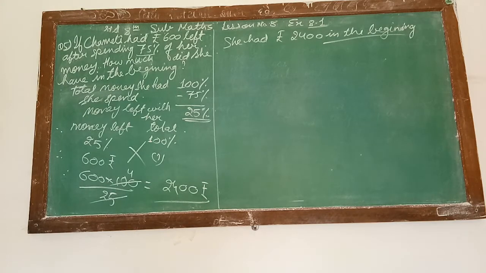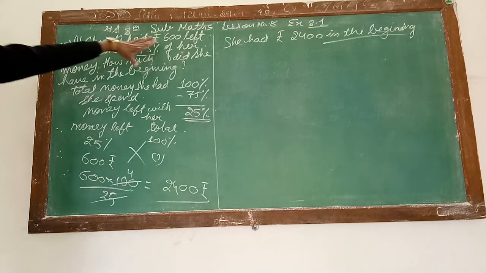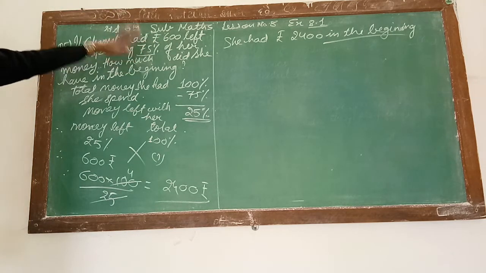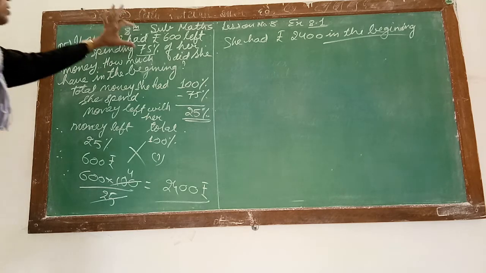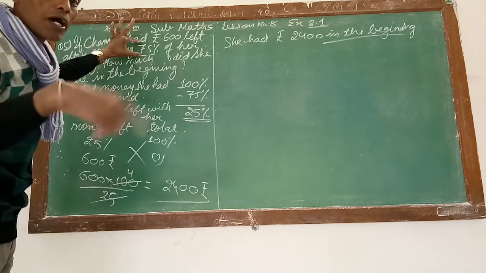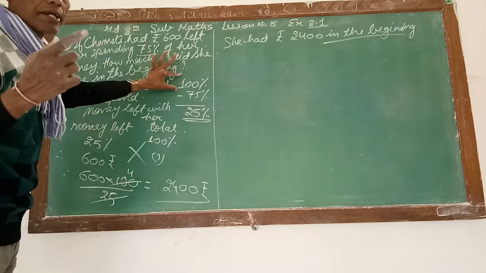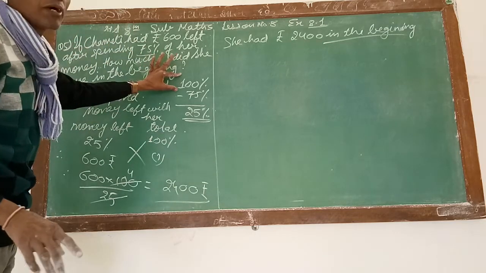Okay, students, again I am explaining what we have done here. She has 600 rupees left and she has spent 75%. What is the total amount? That is not given; that we have to find. She has spent 75% out of 100. The percentage is calculated out of 100.